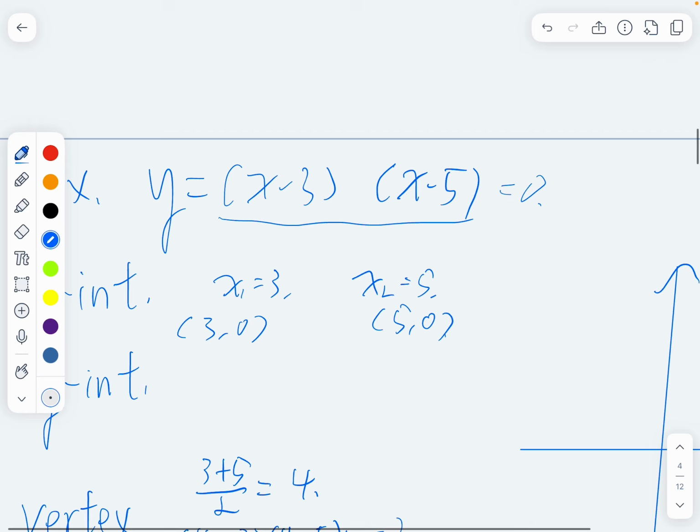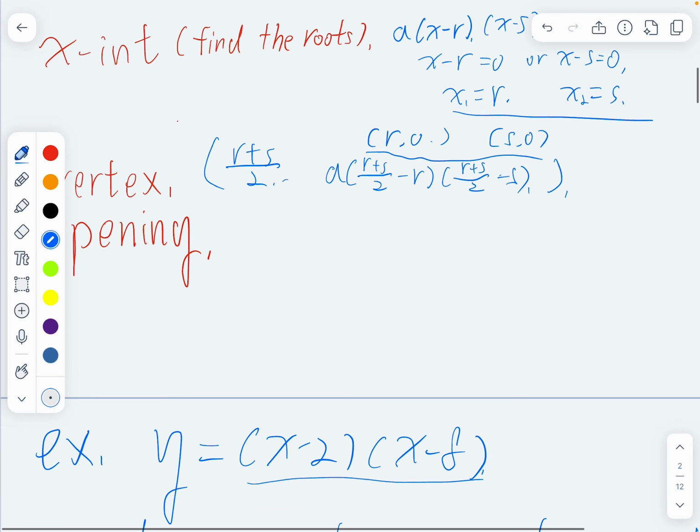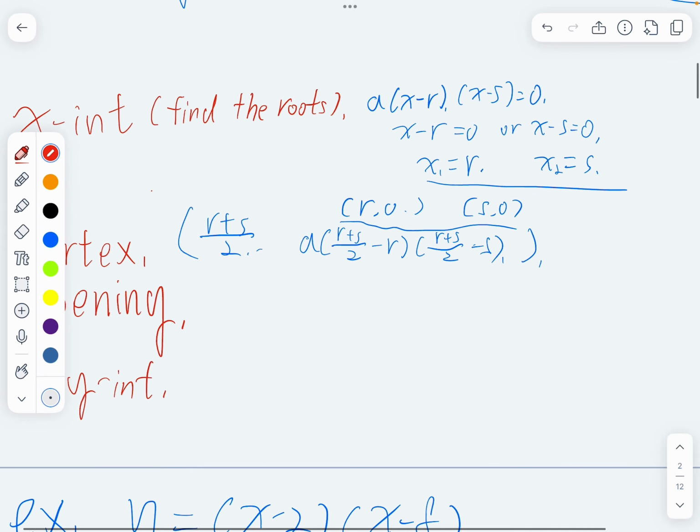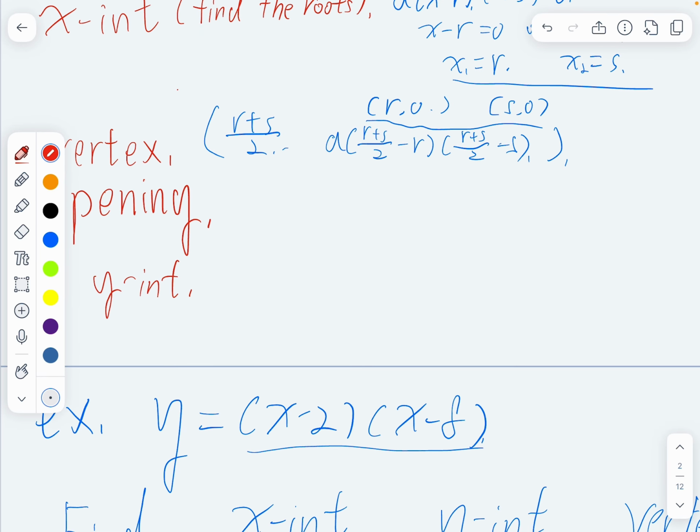Okay, so I think we need to talk about the y-intercept. How do we find the y-intercept?